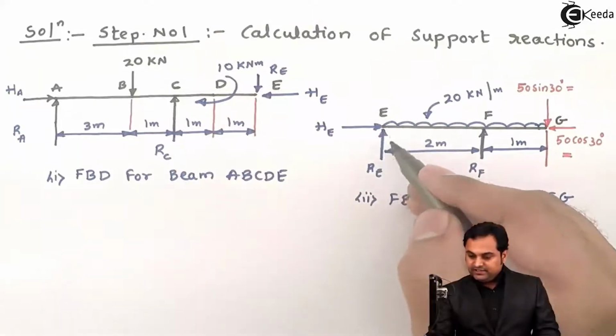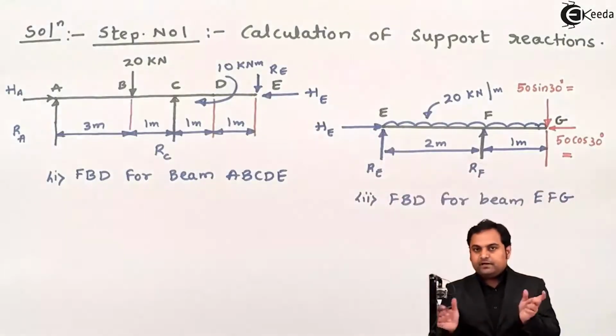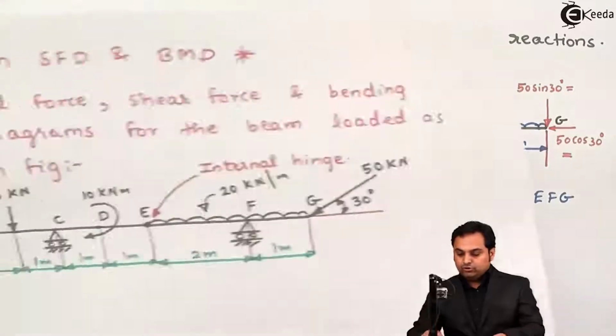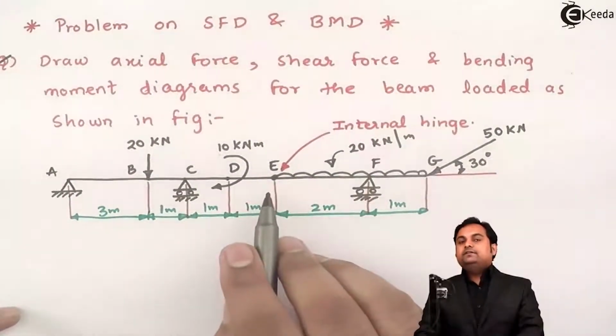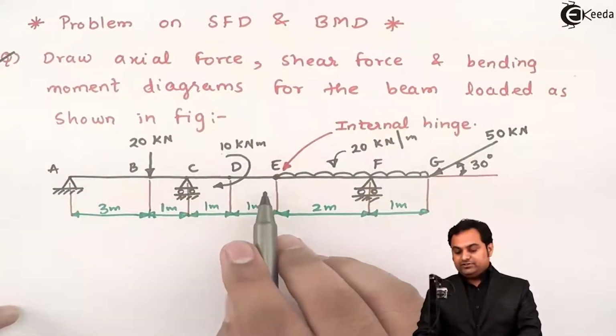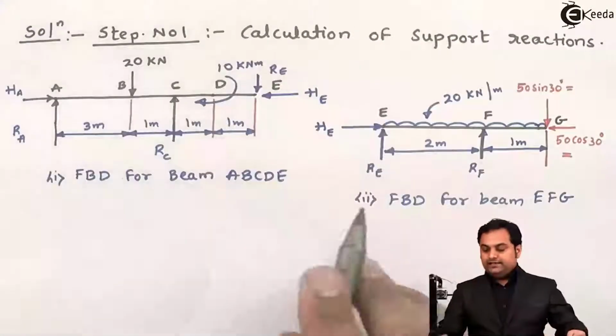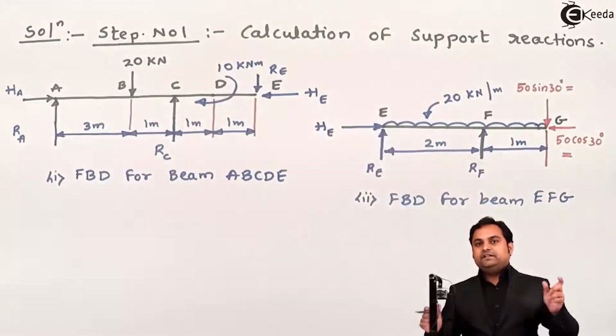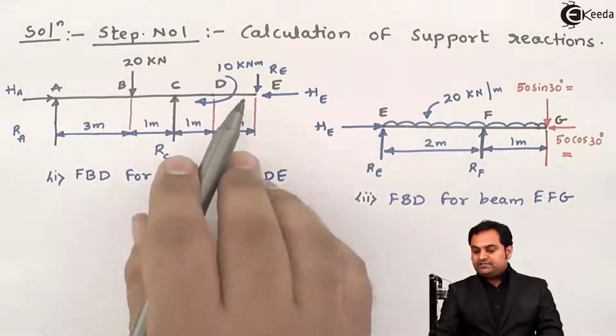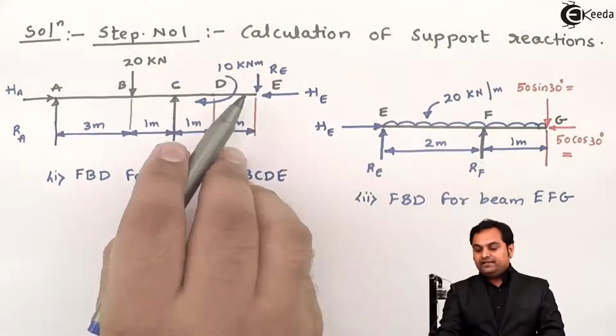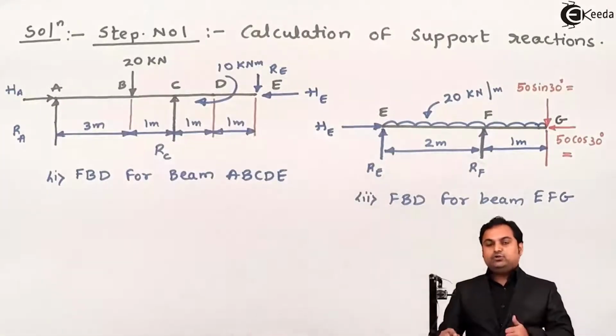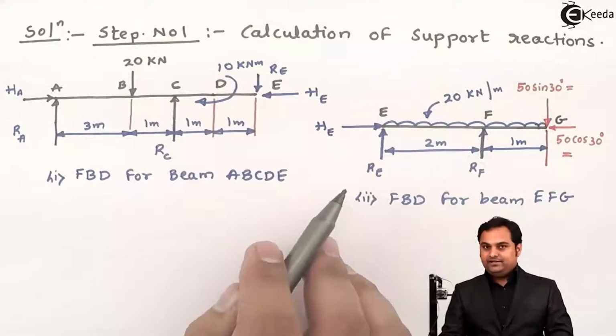So when the beam combines, there is no reaction at the internal hinge because it is not supported at this end. Whenever we split the beam at an internal hinge, we have to show the reactions in this form. One reaction should act downward, the other upward, the values will be the same, and they will cancel out one another.